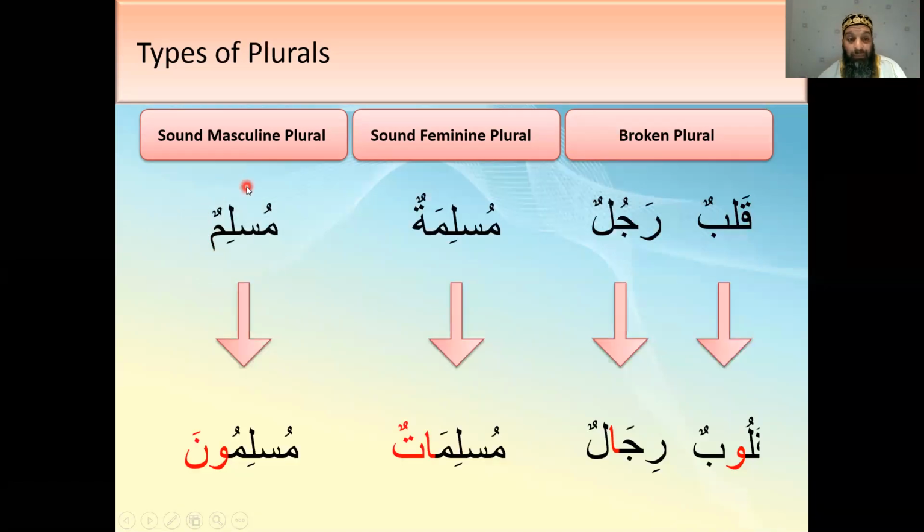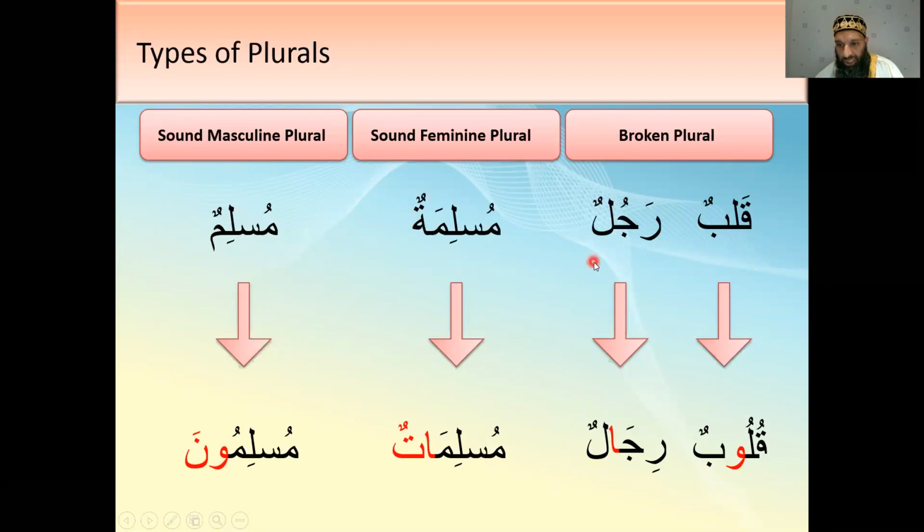This is an example of a sound masculine plural. It's a masculine word first, that's why we know it's sound masculine. You stick a waw and a noon on, una, and it makes it into many Muslims. Let's look at this one.